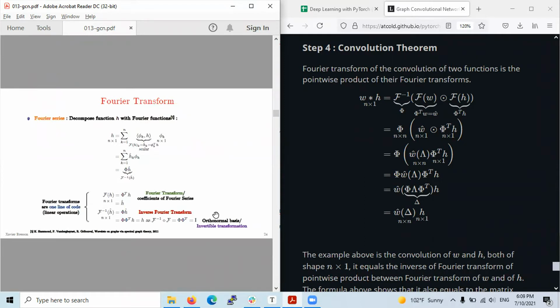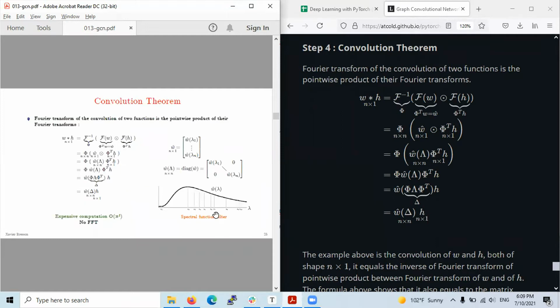After that, we saw how the Fourier transform is done. Let me quickly repeat on this slide. As a convolution, you have a kernel W and a signal H. When you convolve these two signals, it is not a simple multiplication. The star sign here means convolution, not a point by point multiplication.